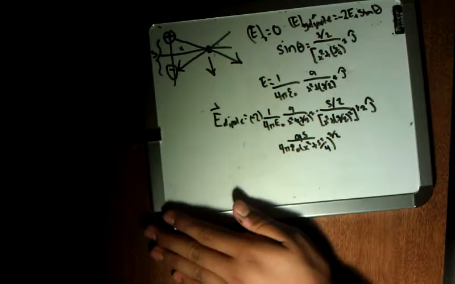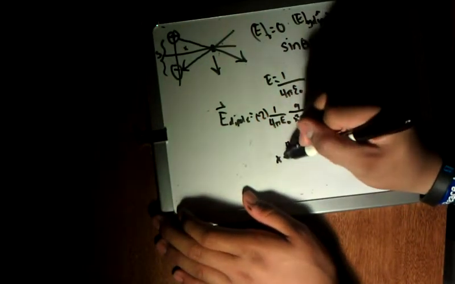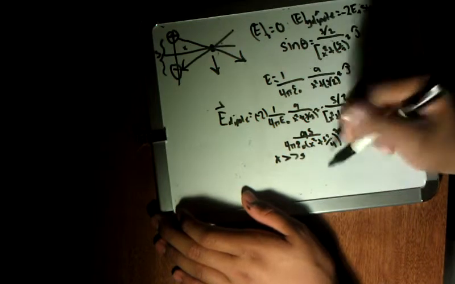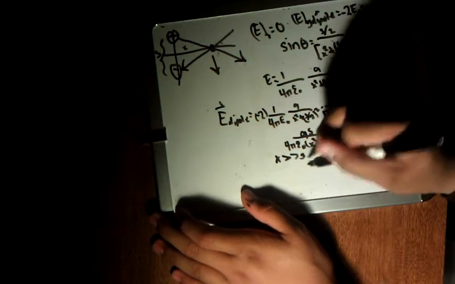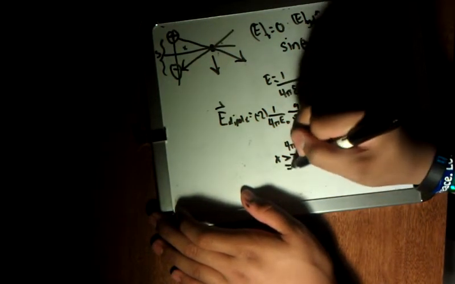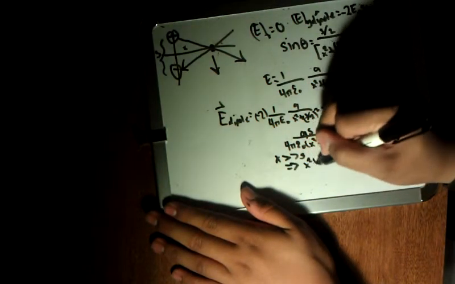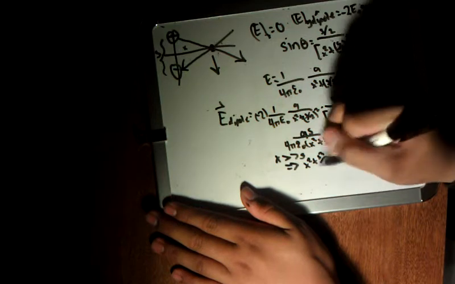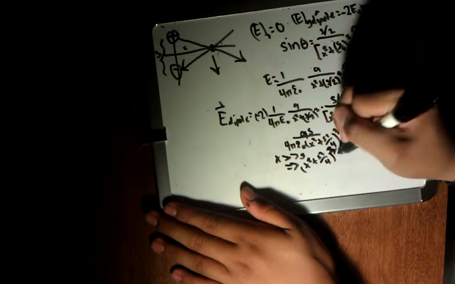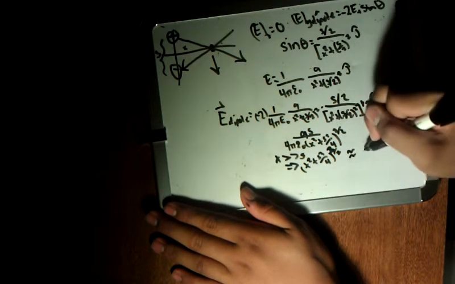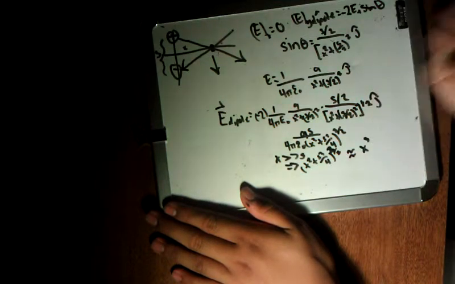In this particular case, we can assume that x is much larger than s, therefore we know that (x squared plus s squared over 4) to the 3 halves is approximately x cubed.